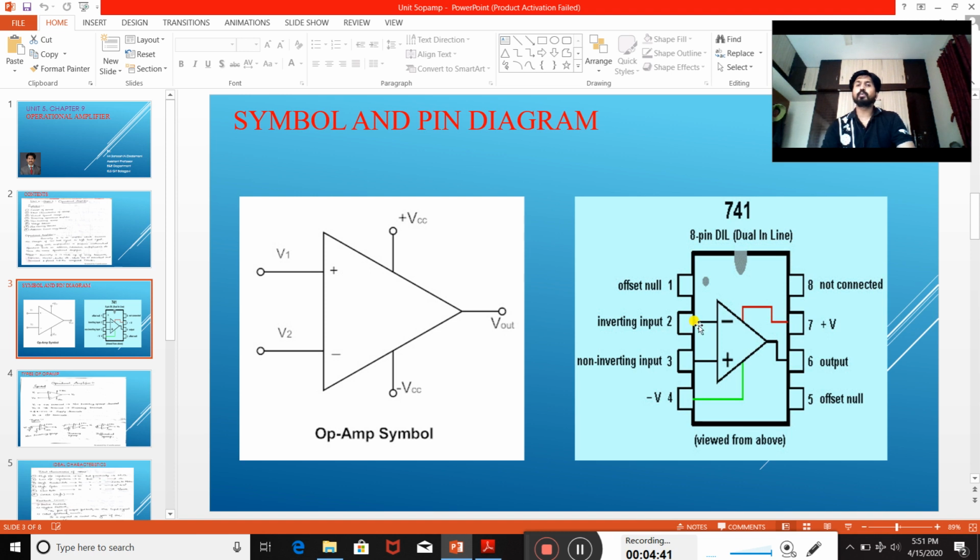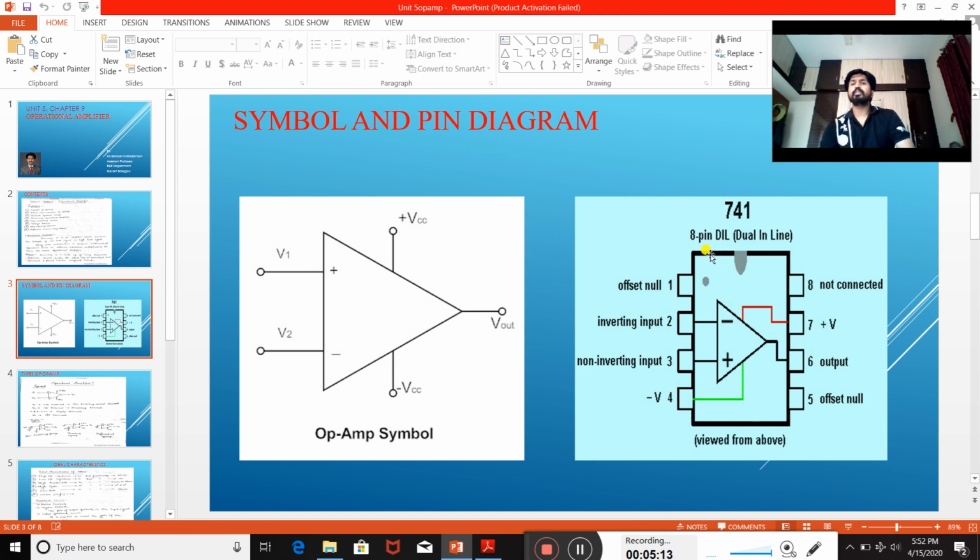Pin number 2 is the inverting terminal and pin number 3 is the non-inverting terminal. Pin number 4 is for negative VCC and pin number 7 is for positive VCC. Output is collected at pin number 6. Pin number 8 is not connected, which can be used for future applications.